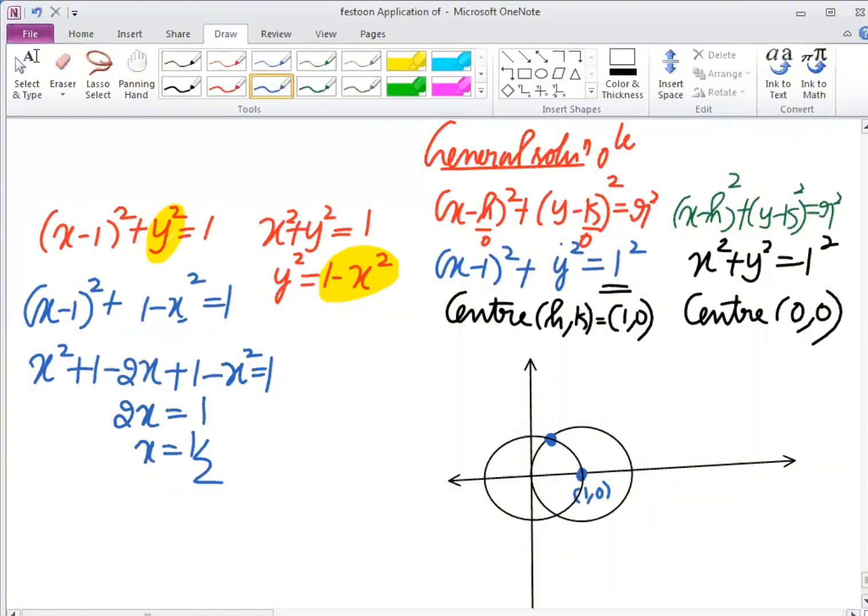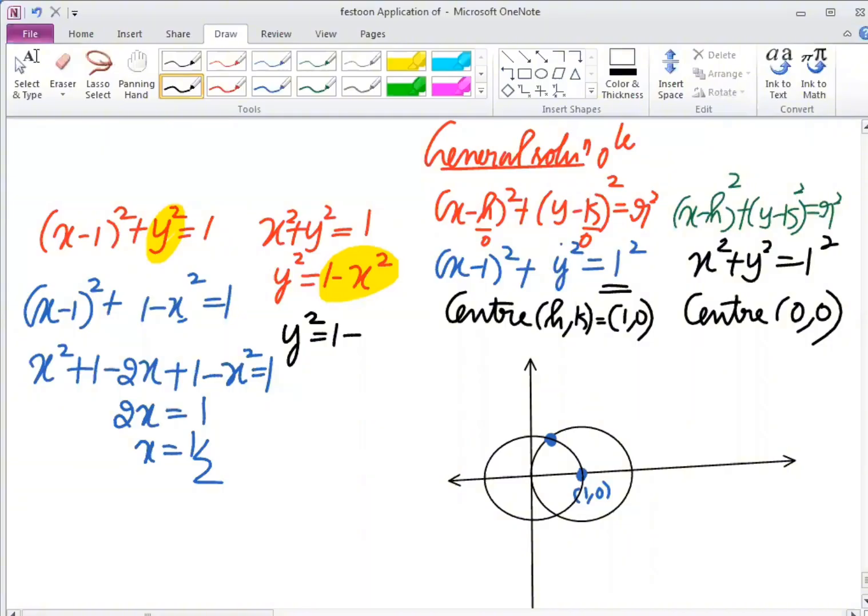Now let me put that value in the equation. Which equation shall I put it in? Let me put it in the equation y square is equal to 1 minus x square. Since x is 1 by 2, it will be half only.